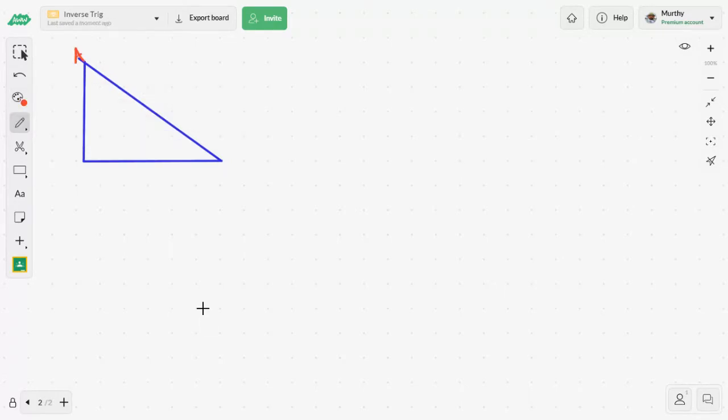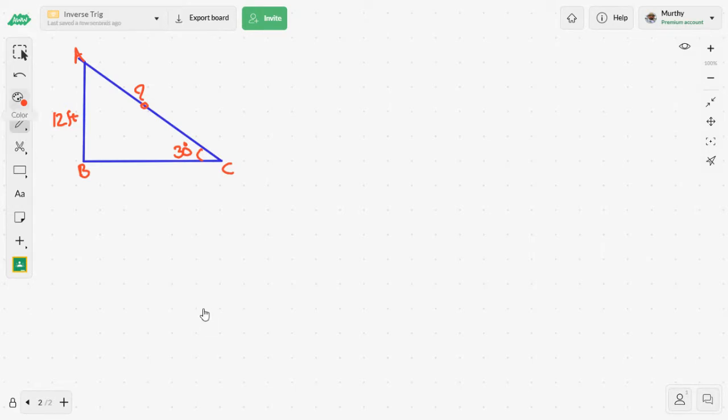Let's say this is 30 degrees, and say this is 12 feet, and what is the length of the hypotenuse? Already we discussed these kinds of questions.